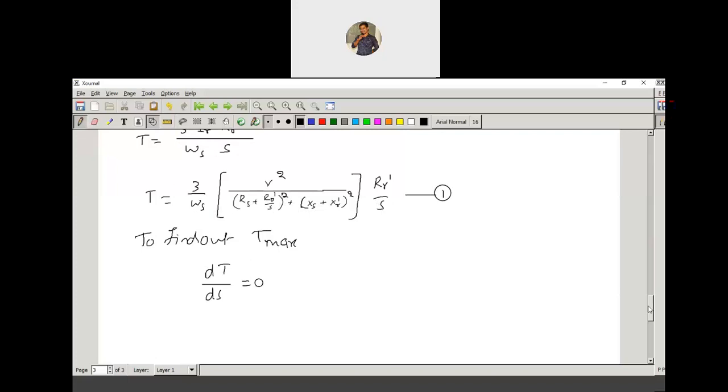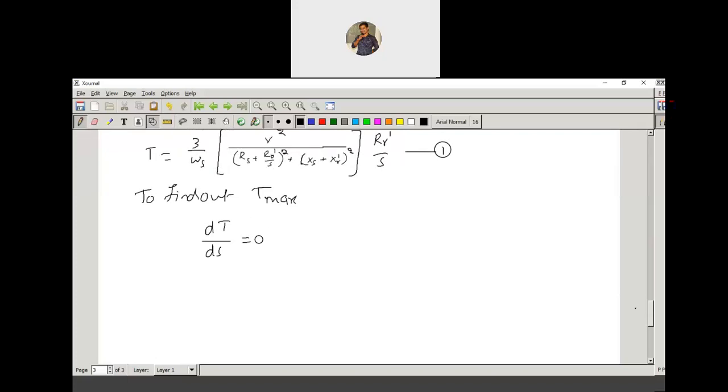In your intermediate, to find out the maximum and minimum values, we need to differentiate and equate to 0, and find out the value that has to be substituted in equation 1. Okay, so if you do this, we'll get the slip at maximum torque.